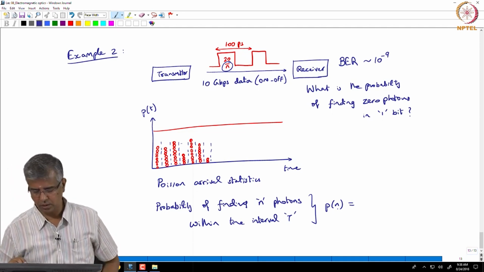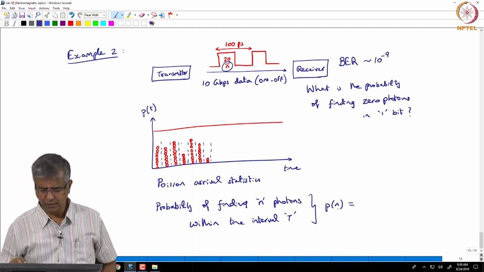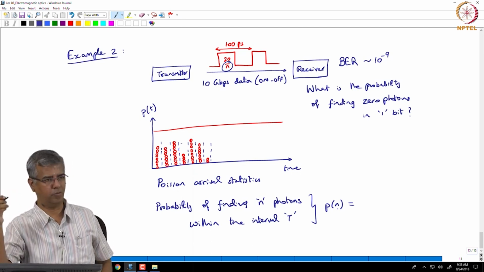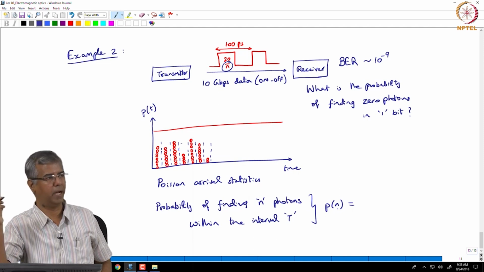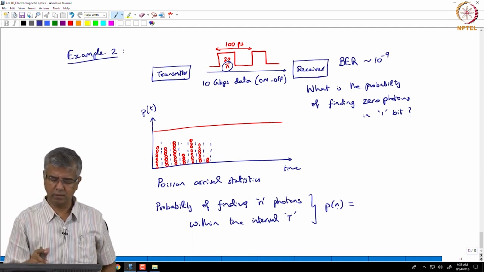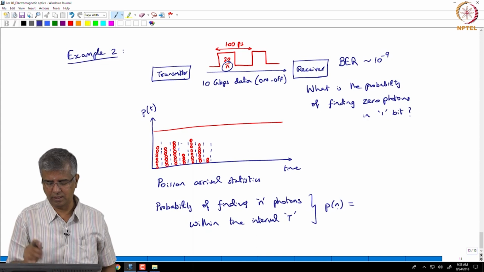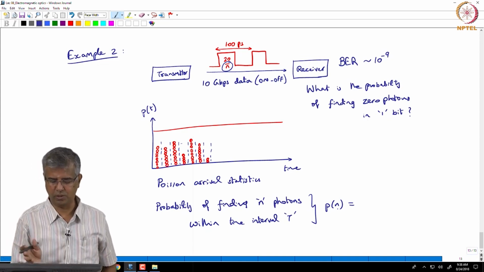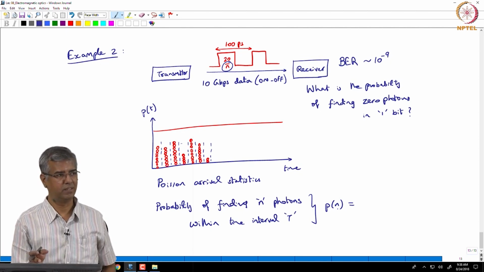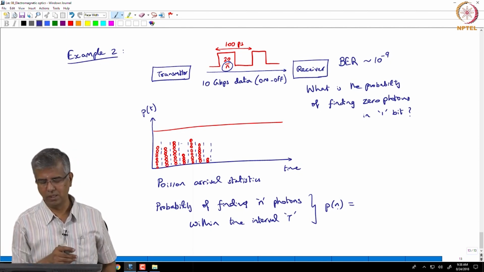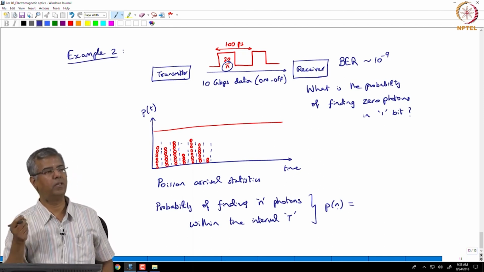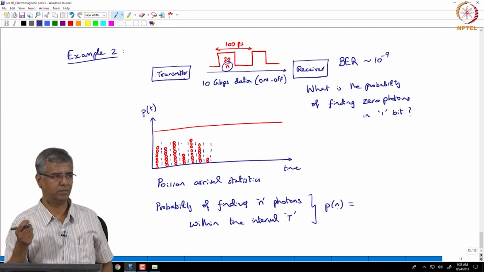In this case, what you have done is you have sent a mean number of photons, n bar. So if you take the mean of all these small circles that I have drawn here, that would probably correspond to a mean of 6 across all these things. So let us say you have sent 6 photons. What is the probability of finding 1 photon in one of these time slots?